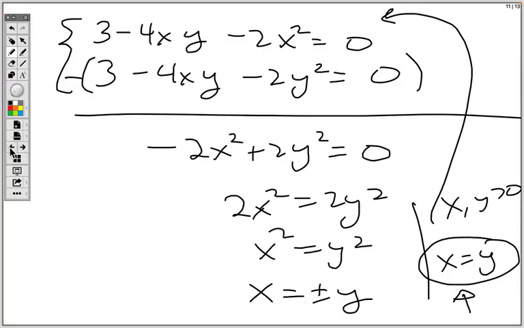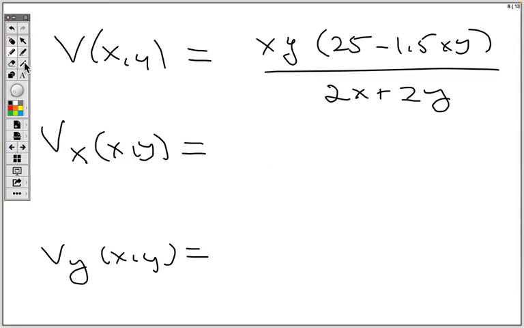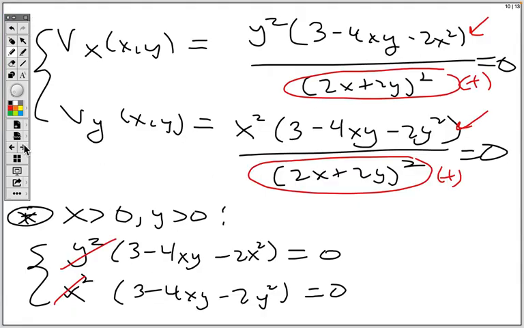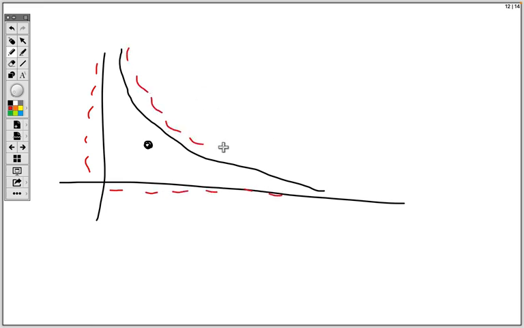And then, how would you show that this actually gives you the maximum? Because you don't have the lone critical value property. You've got this critical value in here on this unbounded region. You know that the volume zeroes out on any of these things.